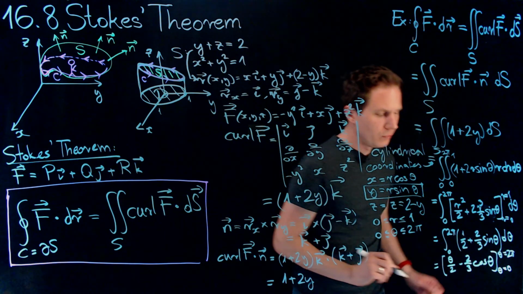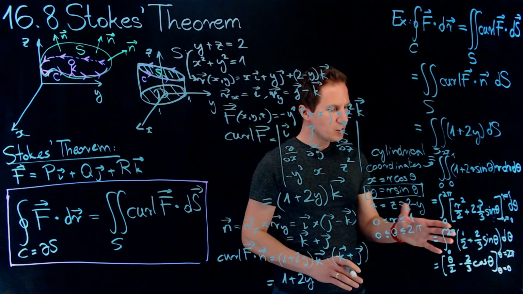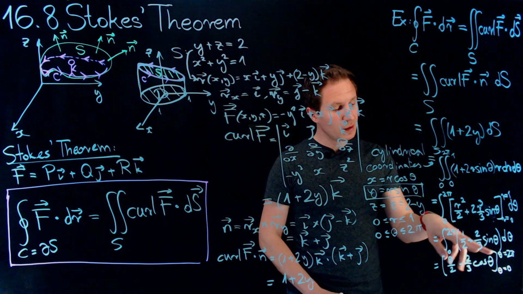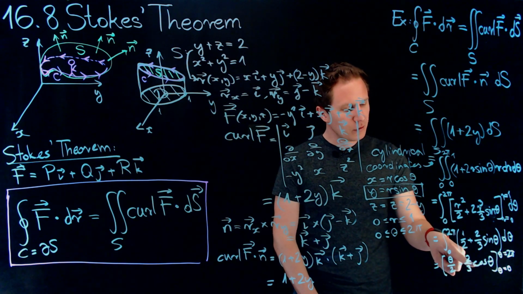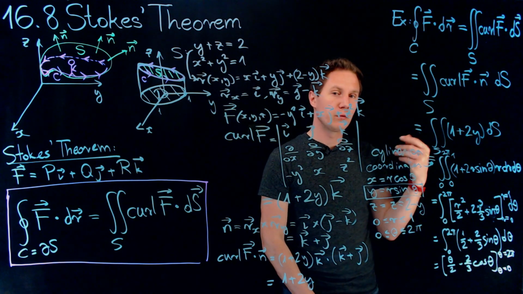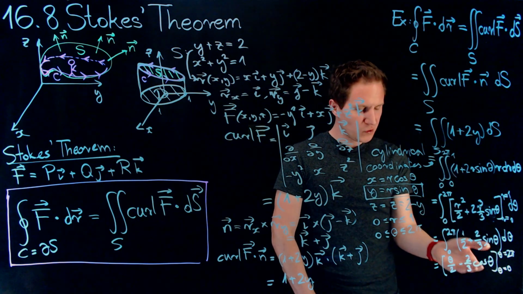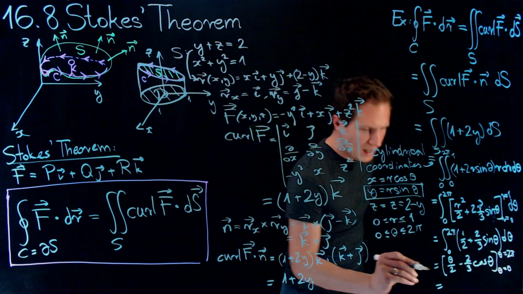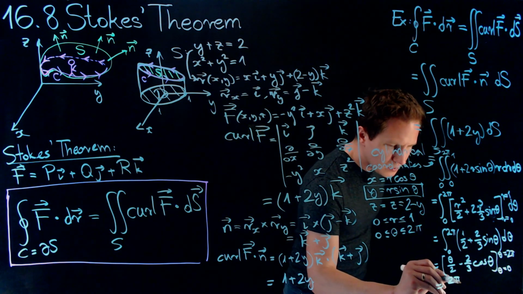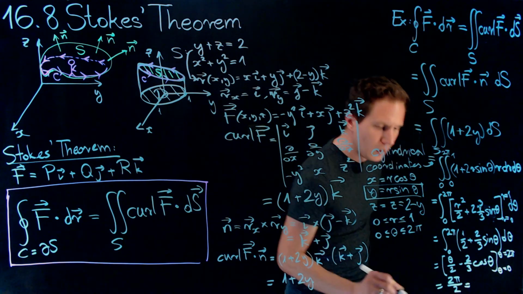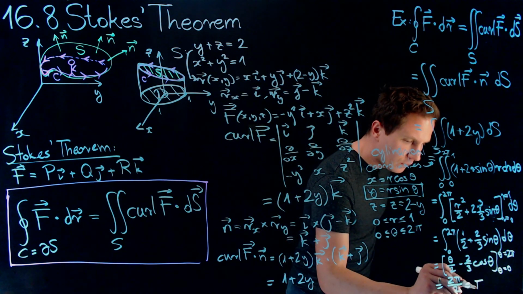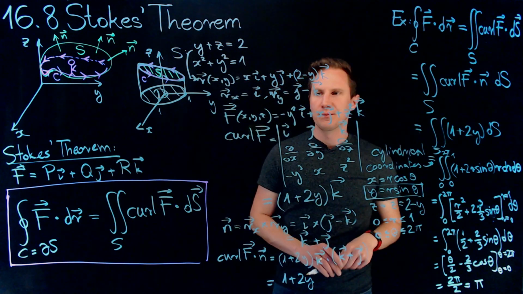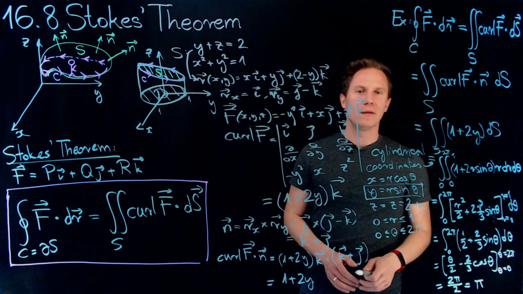The term with the cosine will cancel, because the cosine of 2 pi is 1 and the cosine of 0 is also 1, so that term cancels and it's only the theta term that remains. It's only at theta equals 2 pi that we get something that's not 0. We get 2 pi over 2, so that is pi, and this is the value of the line integral that we have to find. Okay, so I hope you enjoyed this video, and I'll see you in the next one.